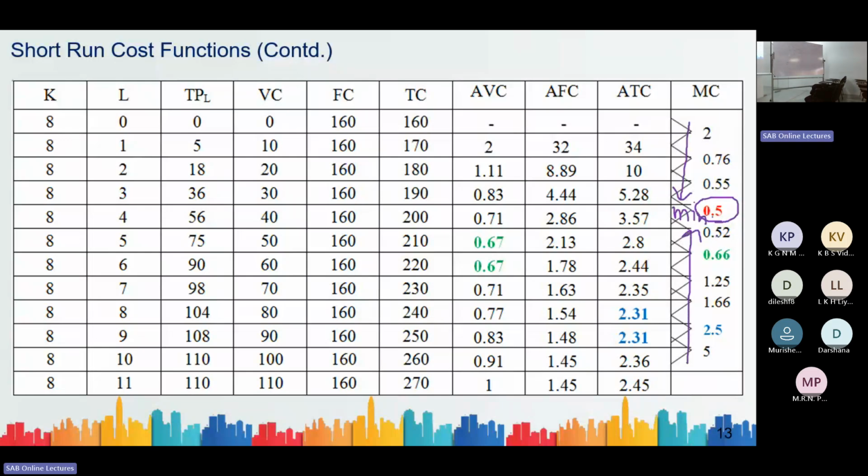It increases from 0.552 to 0.66, 0.66 to 1.25, 1.25 to 1.66. Likewise, it increases. Initially, it decreases and reaches the minimum. Afterward, it increases. So that is how the marginal cost curve behaves.